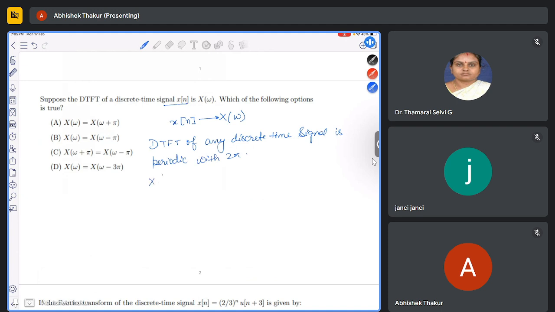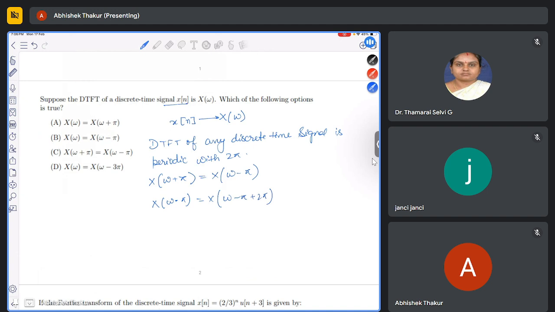So X of omega plus pi is equal to X of omega minus pi. This option will be correct, because we can write X of omega minus pi as X of omega minus pi plus 2 pi, since it is periodic with 2 pi.